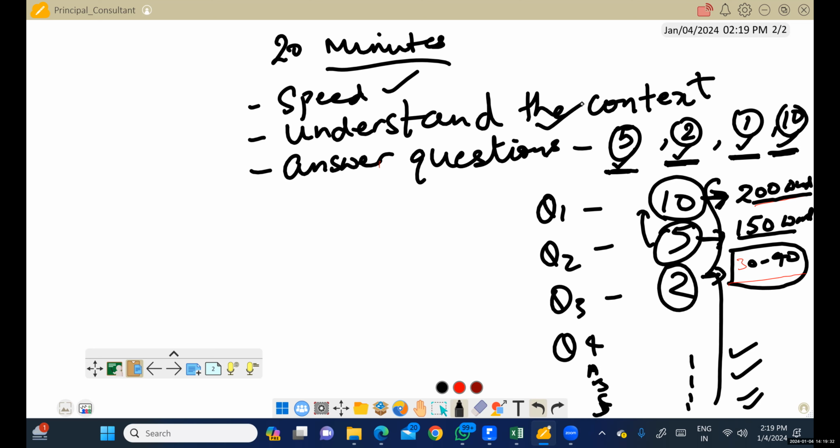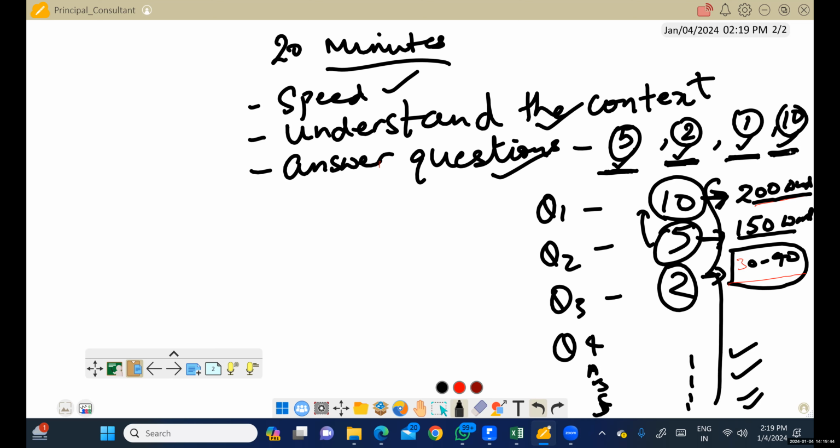Understanding the context of the paragraph is very important. Answering the questions according to the marks, according to the length of the answer, is very important. So we must keep all these things in mind.